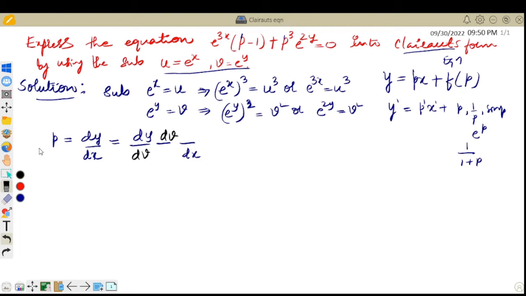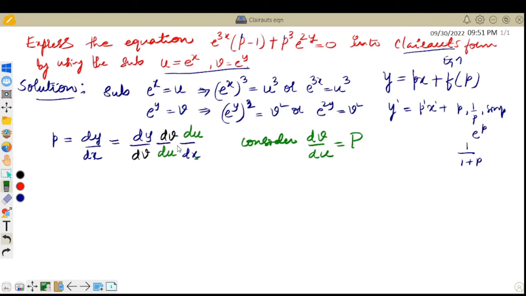Similarly, x is depending on u, so for that I multiply and divide by du. So in this example, let us take dv by du as some capital P. And also we need to find dy by dv and du by dx.